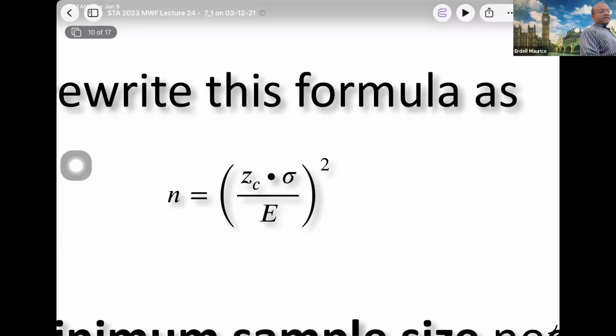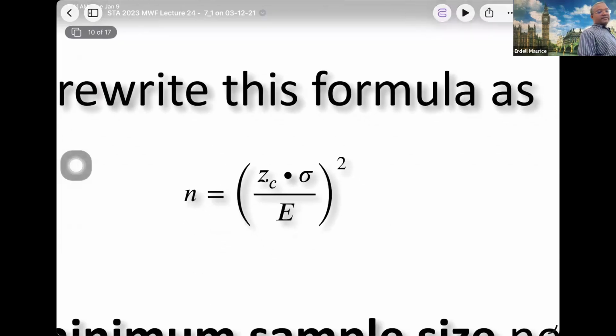Then you use this formula to figure out the size of n. So let's say I want a 95% confidence interval. This means this is going to be 1.96. Let's say the standard deviation for students buying t-shirts is about $10. And I want to be 3 points off. I just plug those three numbers in and then square it. And that'll give me the sample size. This is how many people I need to include in my sample to be within 3 points.